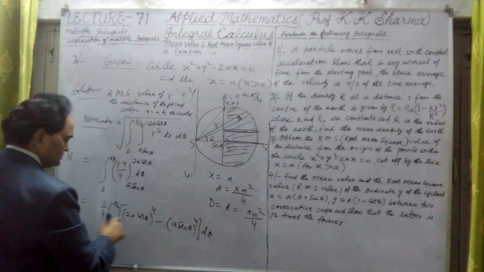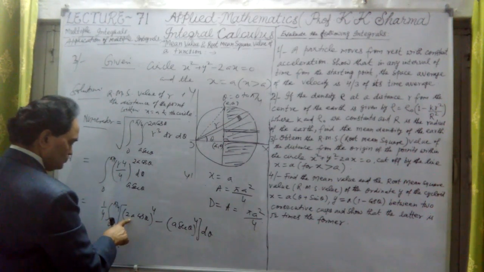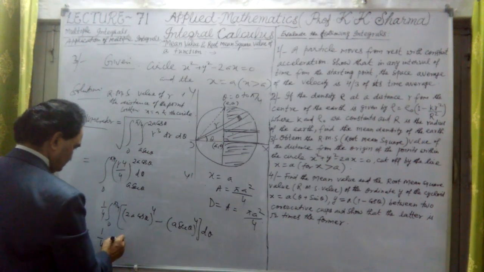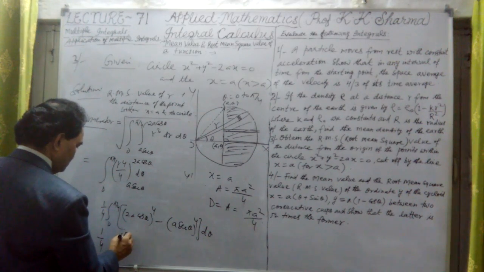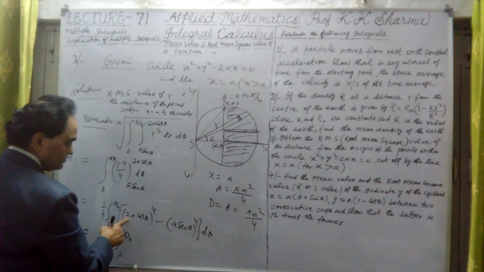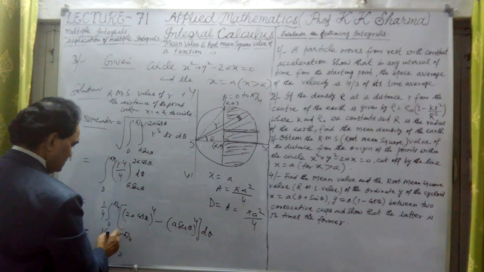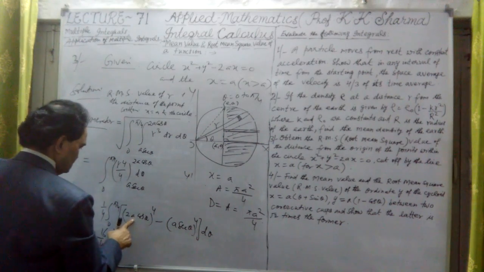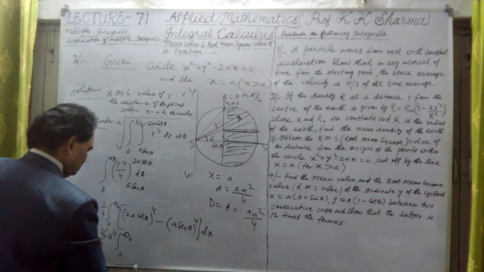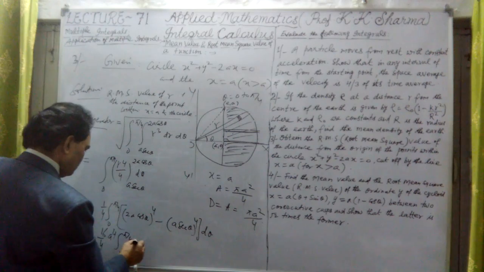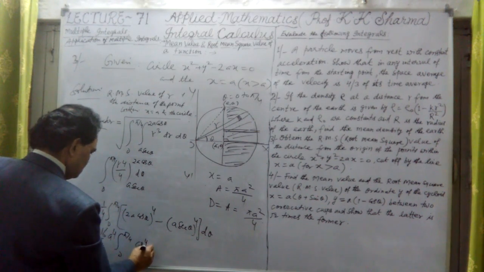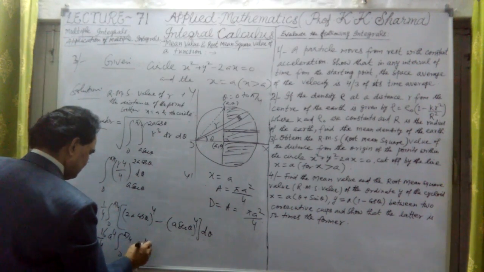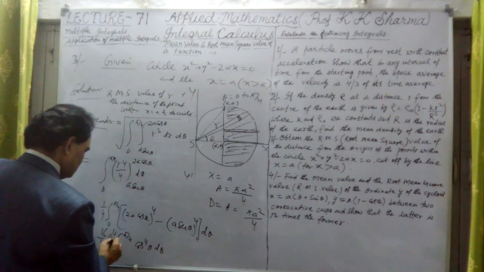Now this is twice a cos theta, so 2 to the 4 means 16. So 1 by 4, integral 0 to pi by 4, 16 a to the 4, this is the first case, a to the 4 here. Now cos to the 4 theta, limits are 0 to pi by 4, into d theta.